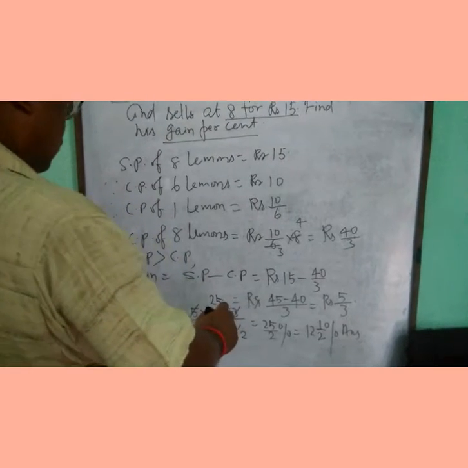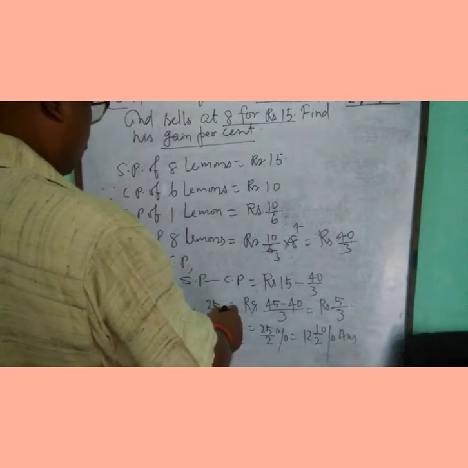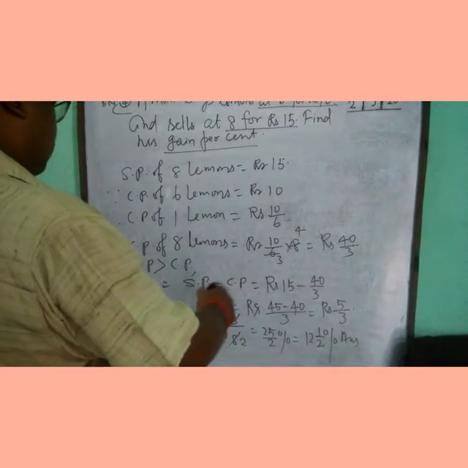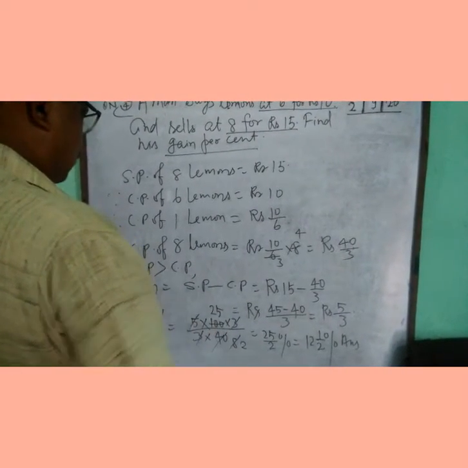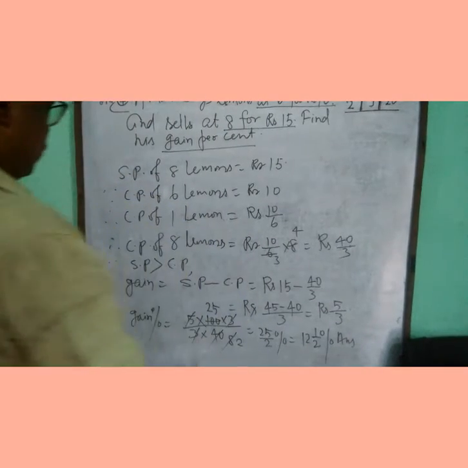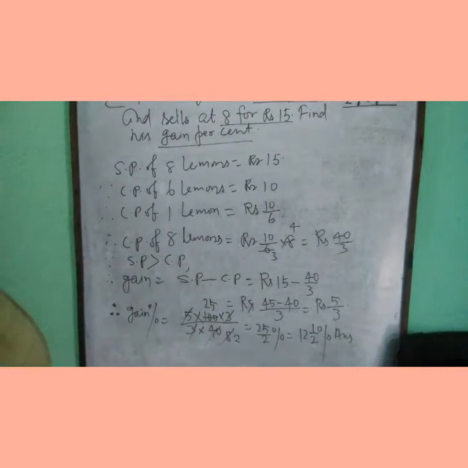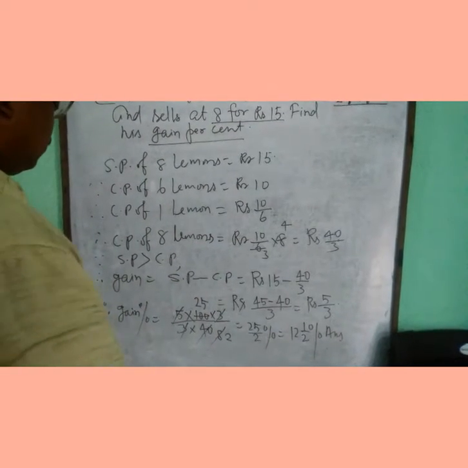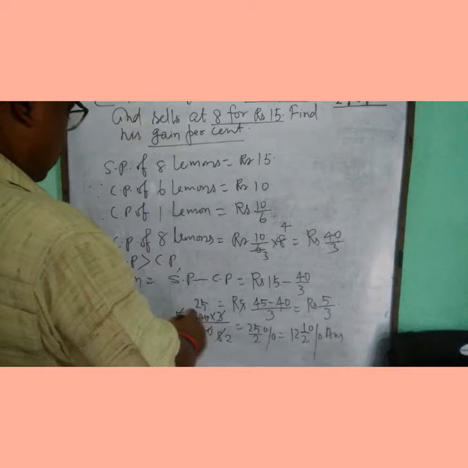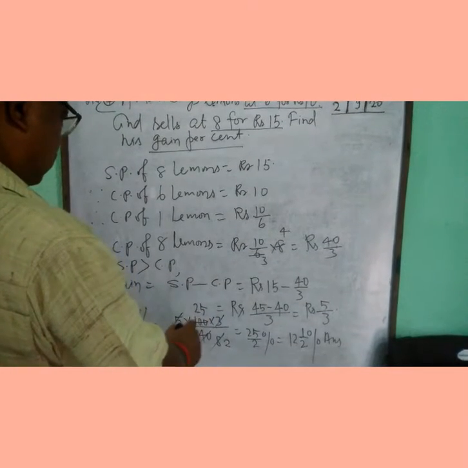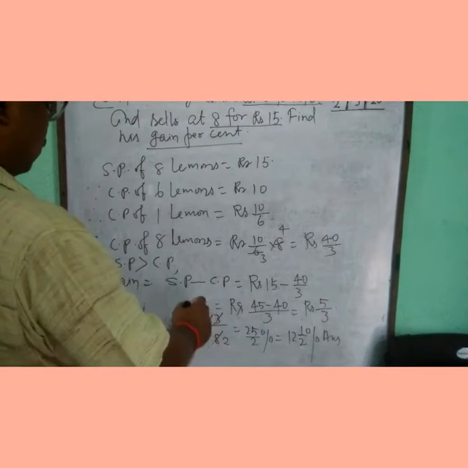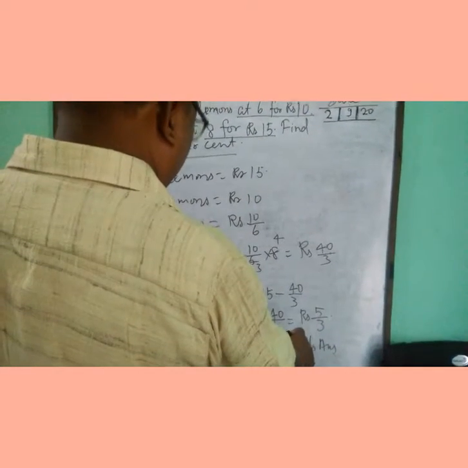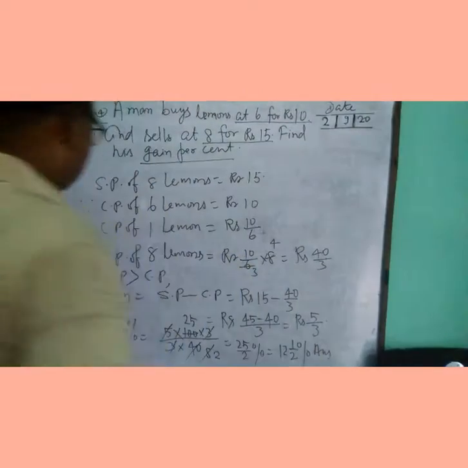Go to upper side. So 5 multiply 100 multiply 3 by 3 multiply 40. We write it shorthand. 8 5 is 40, 3 3 remove, 2 4 is 8, 25 4 is 100, is equal to 25 by 2%, is equal to 12 whole 1 by 2%. Answer.